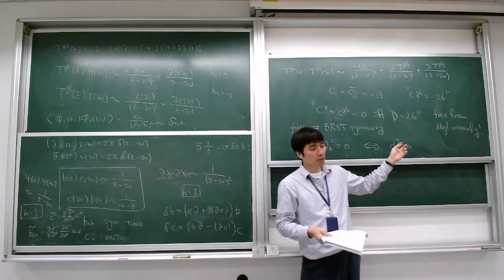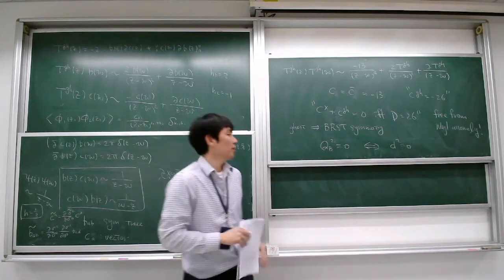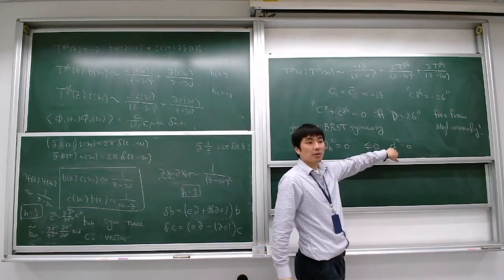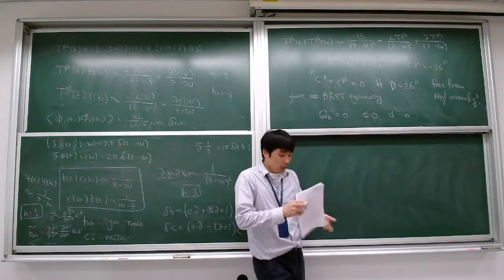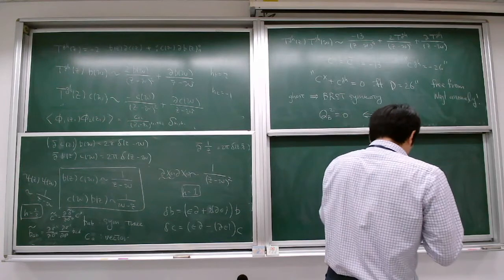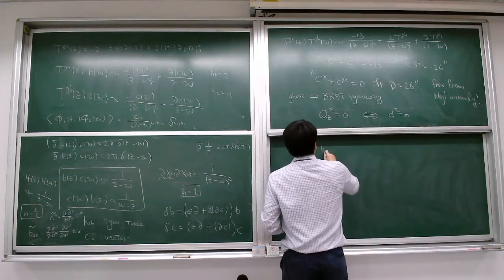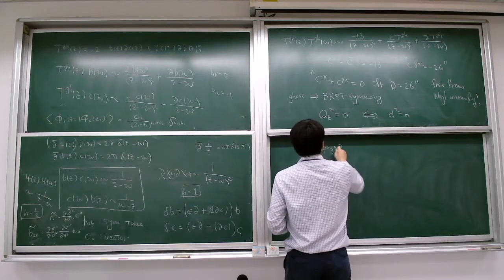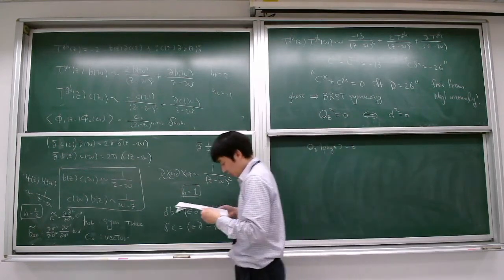It somehow corresponds to the basic relation of the exterior derivative squared equal to 0. So it's de Rham cohomology. And the physical state condition has to be annihilated by the BRST charge.